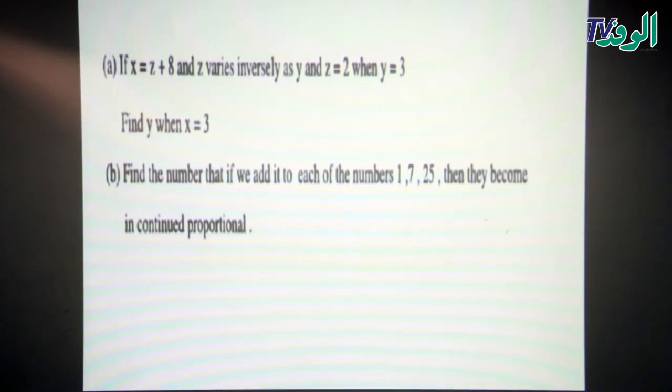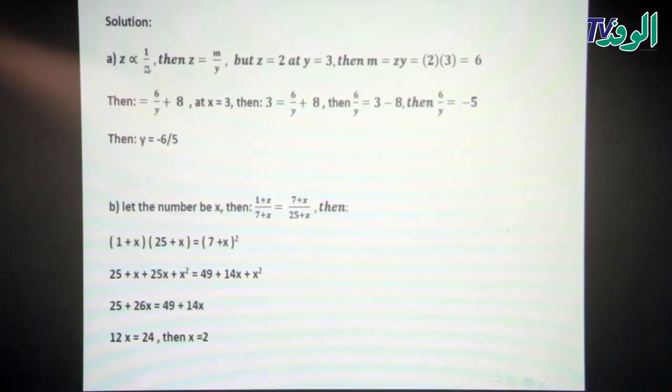Find y when x equals 3. Look, my dear ones, the problem starts with the relation between x and z: x equals z plus 8. Then it moves from z to z varies inversely as y, so in the middle here it works between z and y first, using inverse variation. So we write z varies as 1 over y. Then we change it to an equation: z equals m over y. What is m? It is the constant of variation.